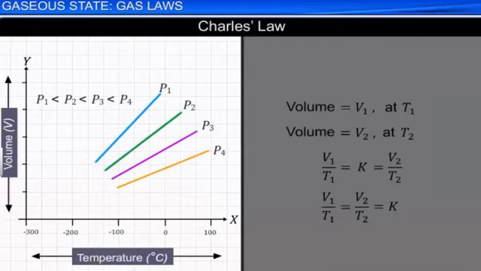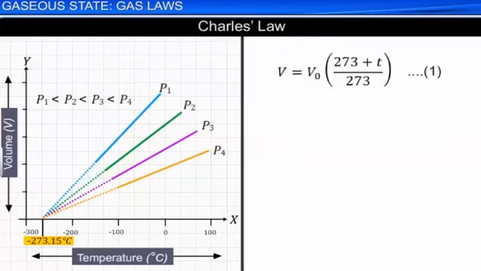You can observe all the straight lines, when extended to zero volume, intersect the temperature axis at minus 273.15 degrees Celsius. From the graph, if we substitute the value of temperature as minus 273 degrees Celsius in equation 1, then volume at minus 273 degrees Celsius becomes 0.